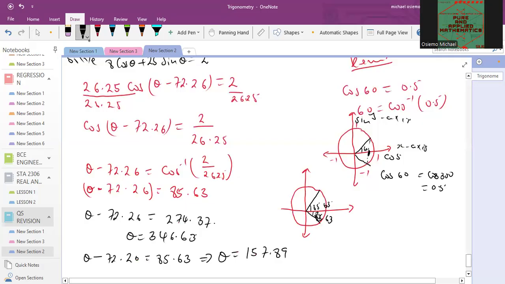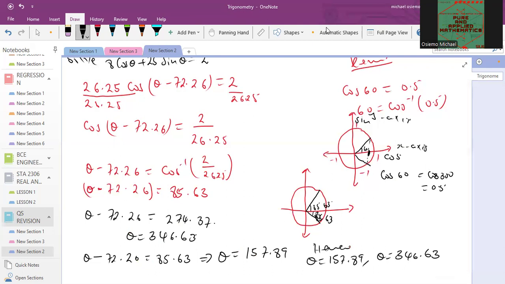So then you can see that our theta is equal to 157.89, and also theta is equal to 346.63. That is how you solve that kind of equation.